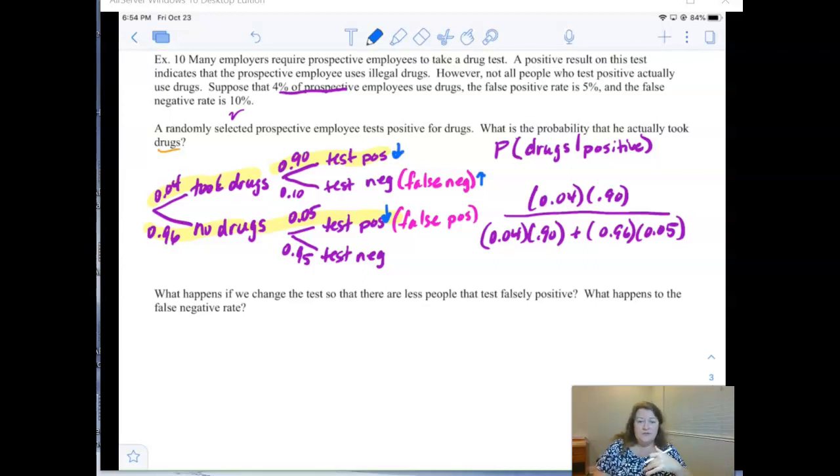You can either reduce the false positive, then you're going to get more false negatives. Okay, and the same deal here is if I reduce this, then this has to go up because it still has to add up to 100%. So you also often have to think about which one is the worst of those. And again, it's going to depend on whether you are the employee or whether you are the employer, right?